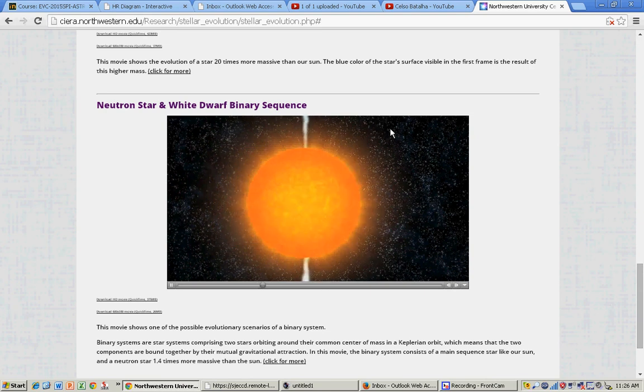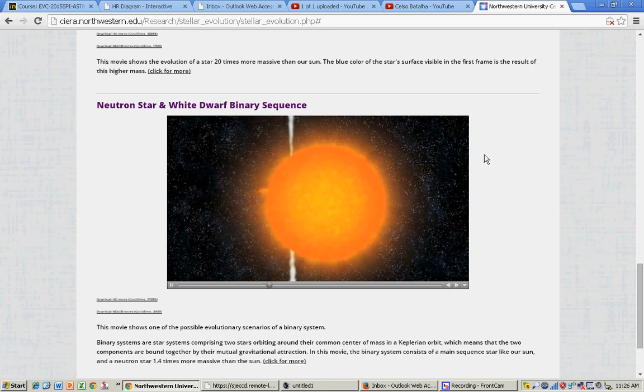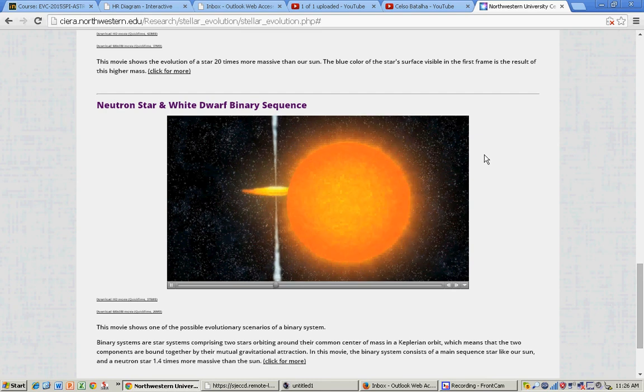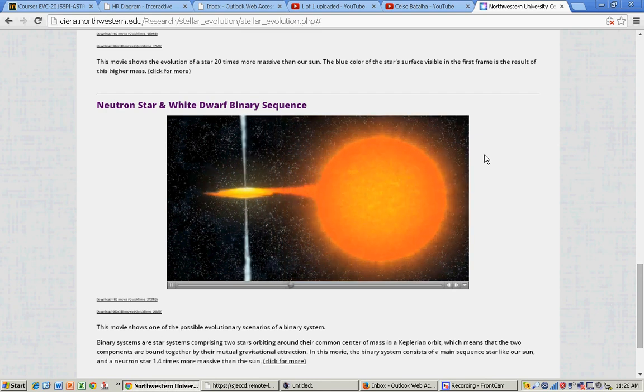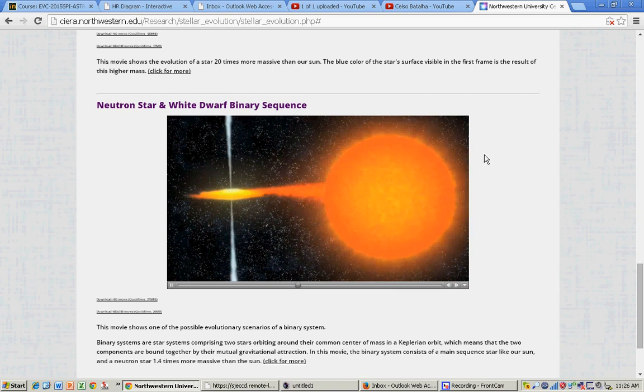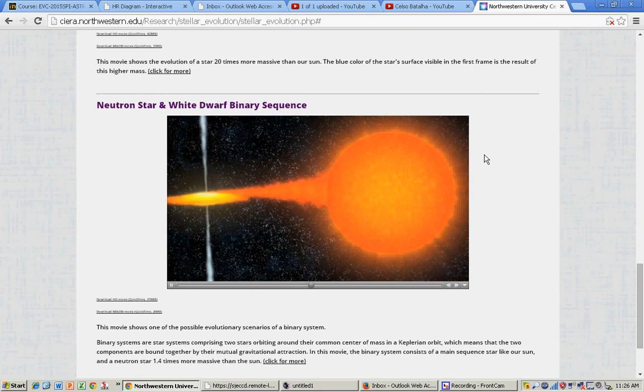You have this bipolar flow that comes out as a result of conservation of angular momentum. A bipolar flow is a very common issue in young systems and evolved systems like that one. And mass transfer keeps going on.